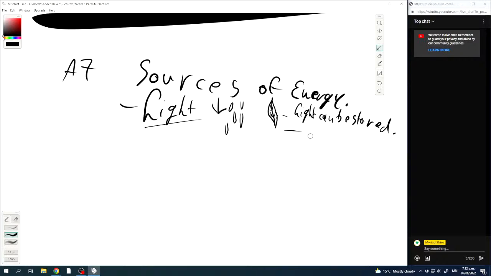And because it can be stored, it can also be directly used for processes. I should just stop trying to write. It takes too long.